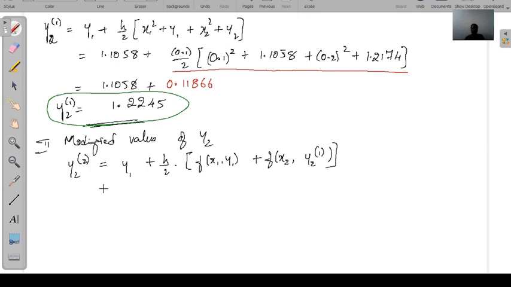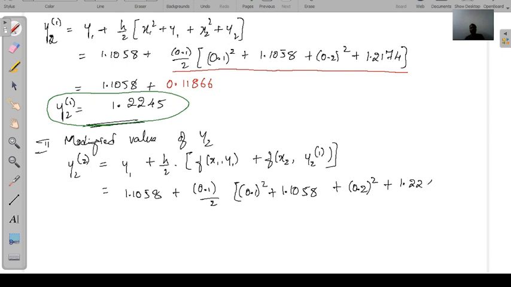So now we are going to substitute. It is 1.1058 plus h is 0.1 divided by 2. x1 is 0.1. y1 is 1.1058 plus x2 is 0.2 whole square. y2 of 1 is 1.2245.